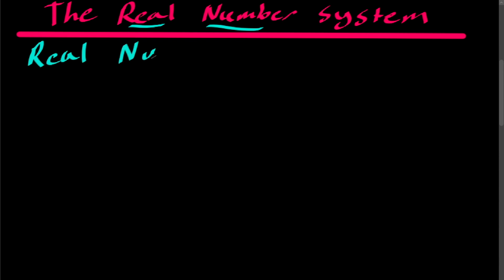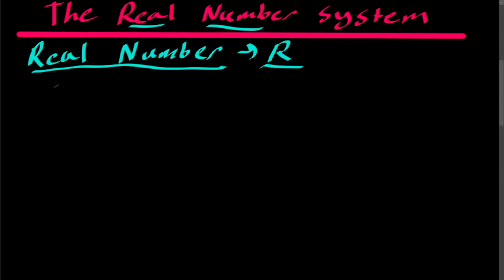So a real number typically gets an abbreviation, and it's just an R. If we were to classify this and we didn't want to write out real number, we would just write R, and that would stand for real number. A real number is essentially any number that we're going to come across.